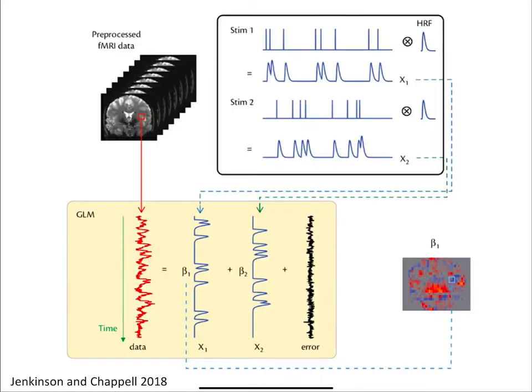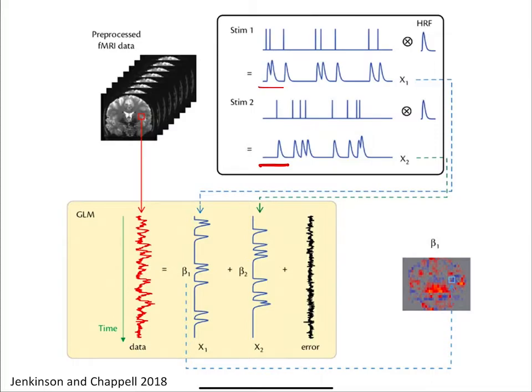Okay, so from last time we spent most of the lecture talking about the general linear model, which is shown here. In this we have two stimuli, and after we convolve them with the HRF, we get our regressor for stimulus 1 and the regressor for stimulus 2.